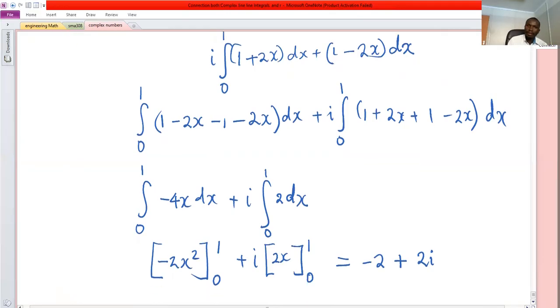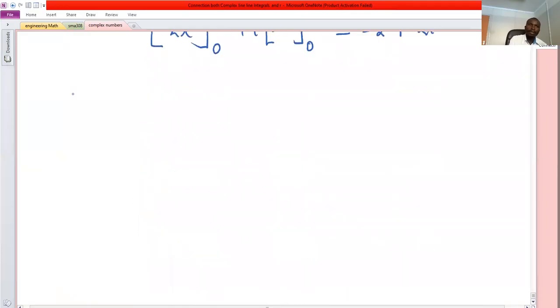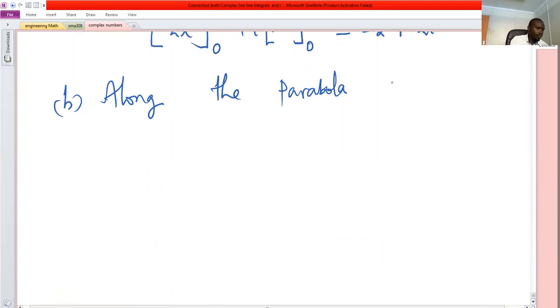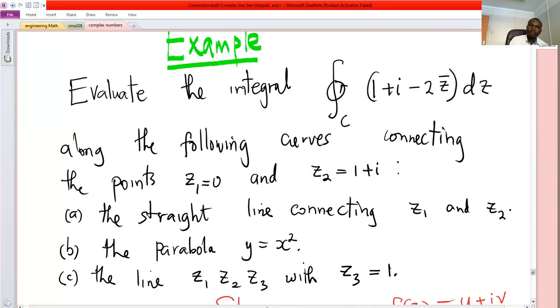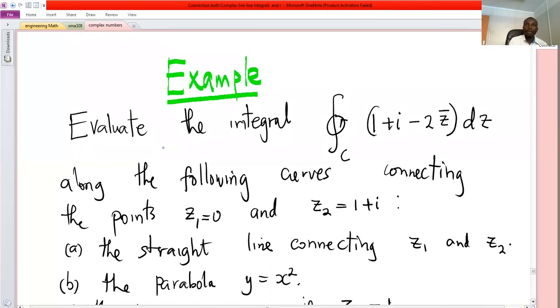Part B, along the parabola y equals to x squared. Remember the question was to evaluate the integral along the following curves connecting the points.